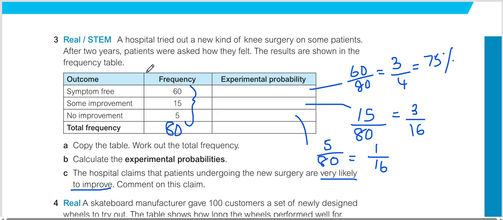So this helps us to claim that patients undergoing this new surgery are very, very likely to improve. Is it clear? So you can write down the answer using the experimental probability values that you got.